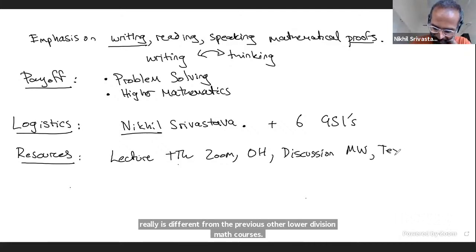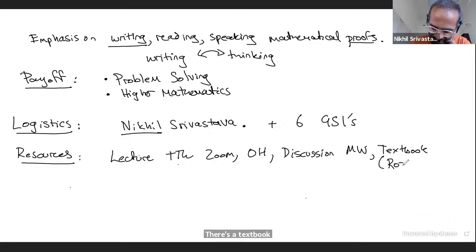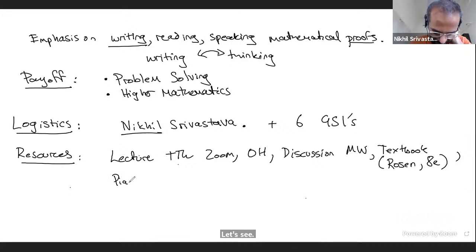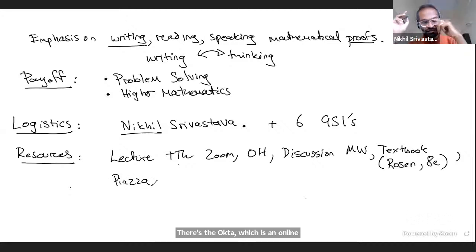There's a textbook, which is Rosen, Discrete Mathematics, 8th edition. You'll need this to do the homework. A lot of the homework will be assigned from the textbook. There's Piazza, which is an online forum for asking and answering questions.